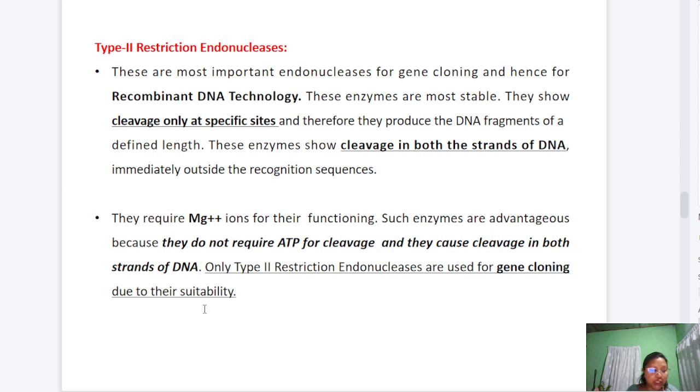Just to remind you, recombinant DNA technology means if you have an extra DNA that belongs to maybe a different plant or a different species, but you want to incorporate that gene into the already existing DNA, then you will produce a genome that is an addition of this plant B. For example, you have plant A and plant B, and you want to take the gene from plant B and incorporate it into the genome of plant A. When your gene of plant B is incorporated into the genome of plant A, that DNA will not only be known as the DNA of that particular species, but it will be known as a recombinant.